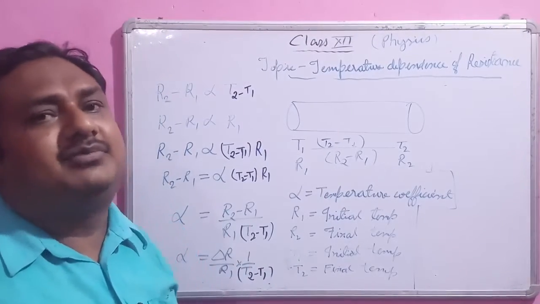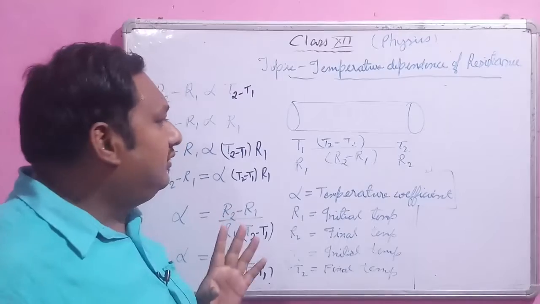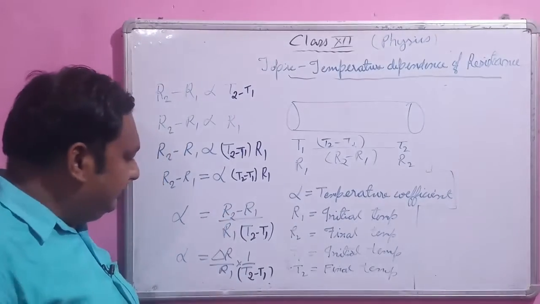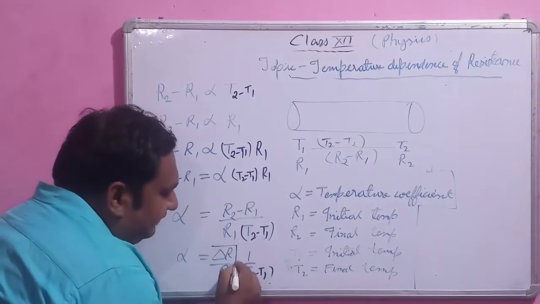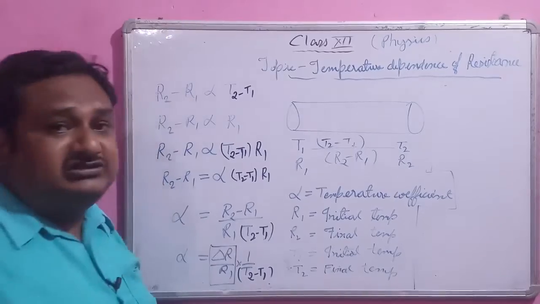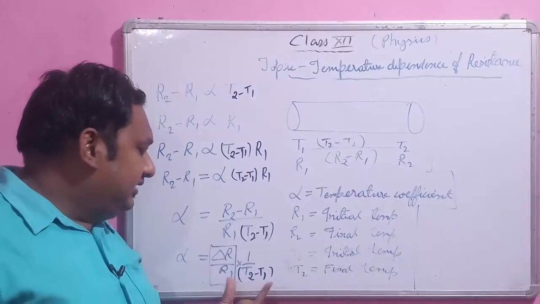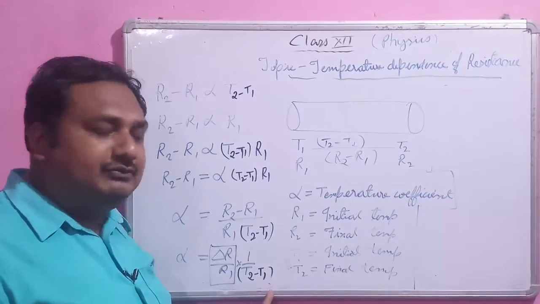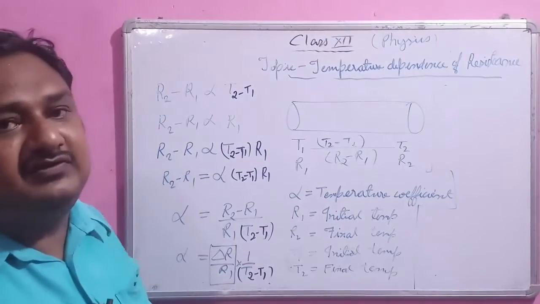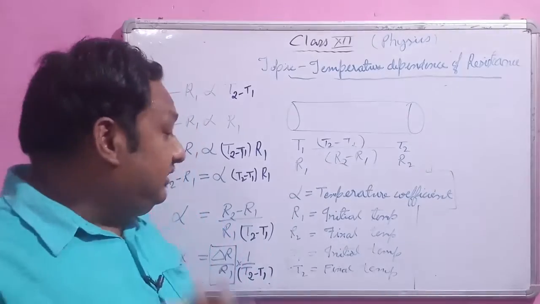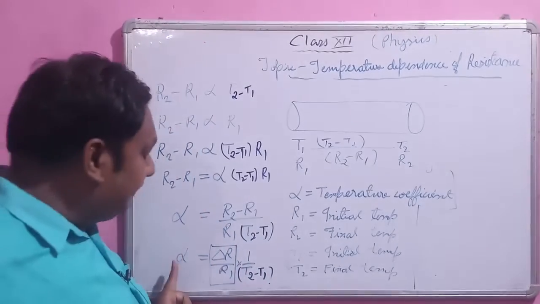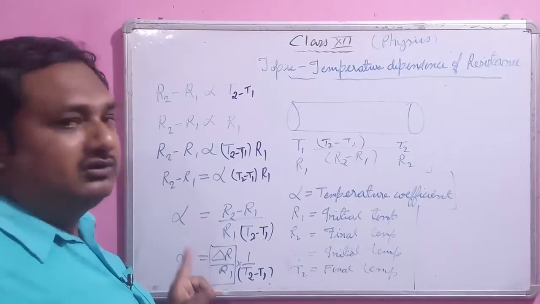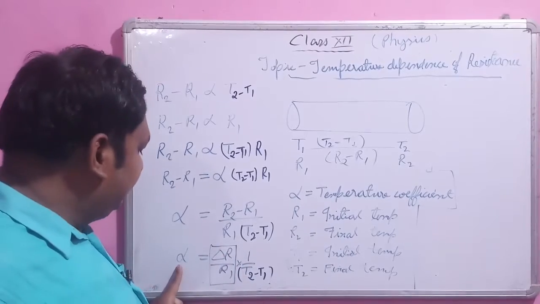That is nothing but the temperature coefficient of resistance. This is known as the fractional change of resistance. So with a 1 degree rise of temperature, how much fractional change of resistance has taken place is given by alpha.